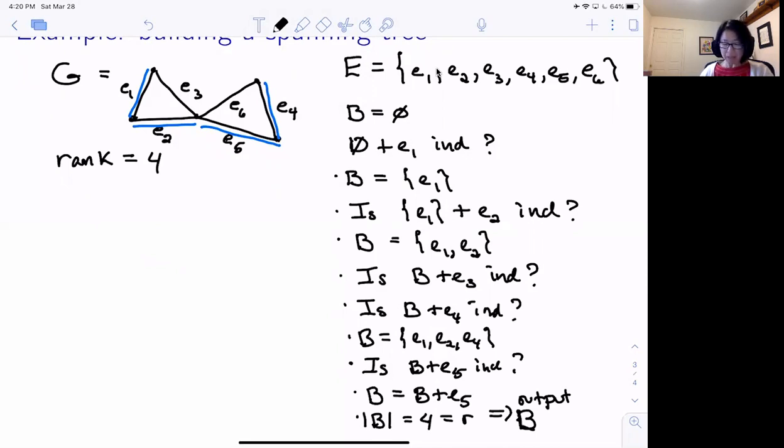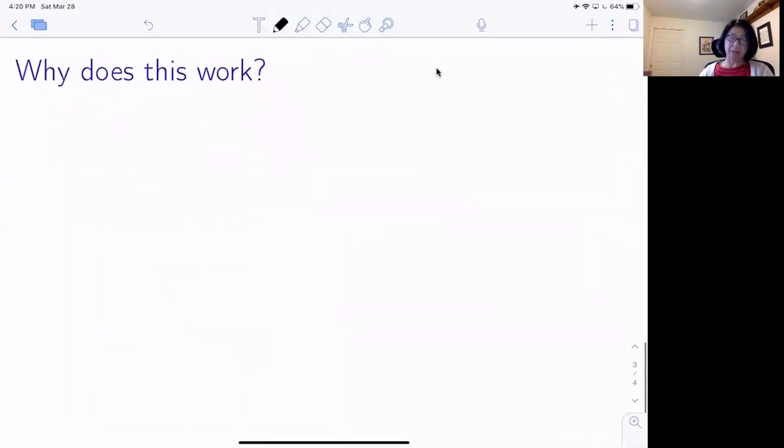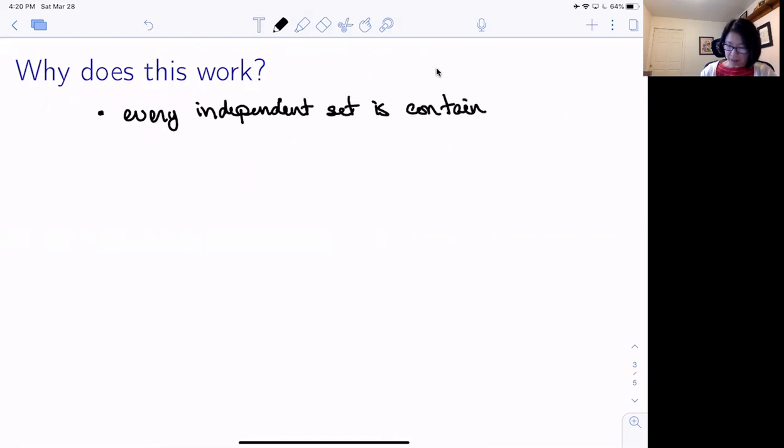Okay? So I just want to say a few words about why this works. Fundamentally, why this works is due to the theorems that we proved. One important point is that we proved that every independent set is contained in some basis.